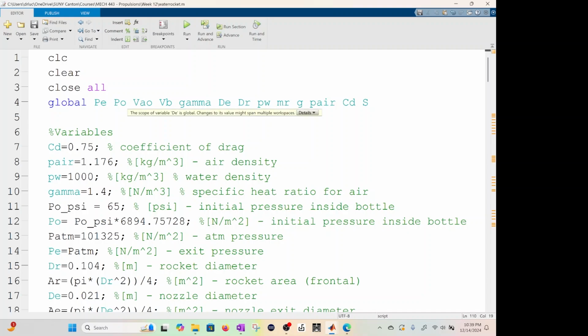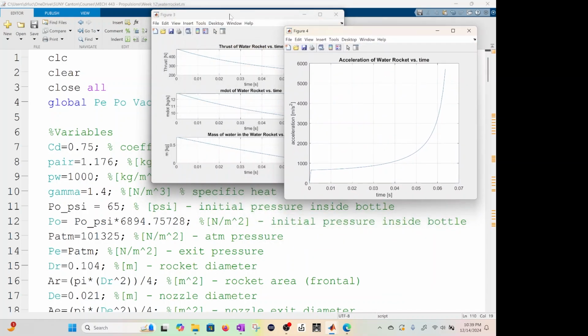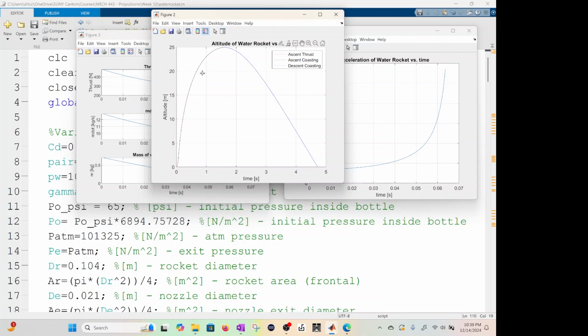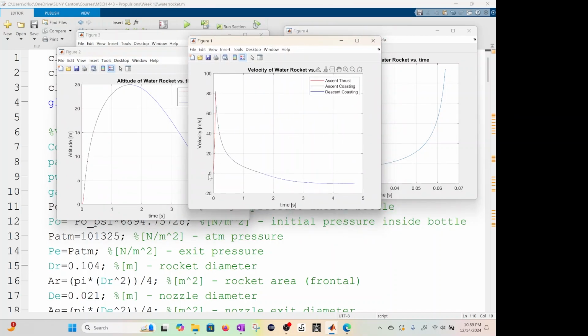It actually uses 3 function codes, the thrust phase, the ascent, and the descent phase to find all these. So this is the acceleration just for the thrust phase. This is thrust, m dot, and the mass of the water as a function of time. Here is altitude versus time, okay? And then the last one is velocity as a function of time, okay?